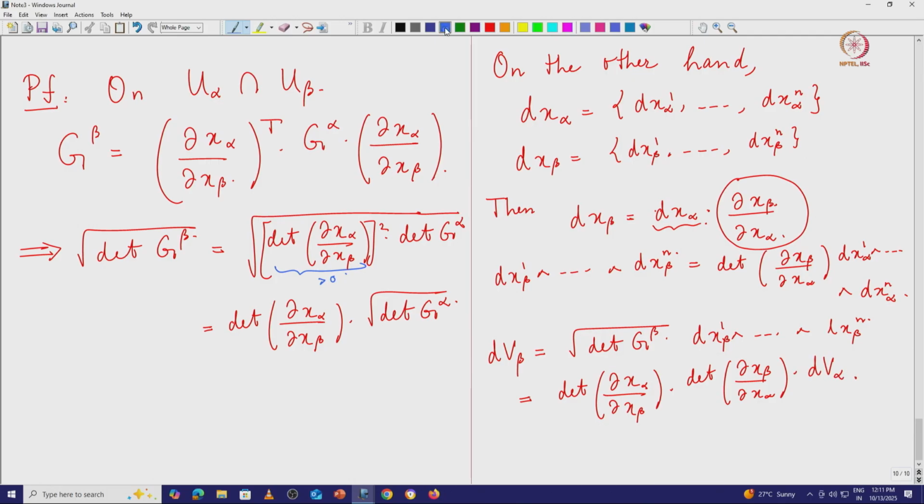But these two matrices are inverses of each other, which means that the product of the determinants is going to be 1. So that just means that dv beta is equal to dv alpha, and this n form glues up to give you a global n form.